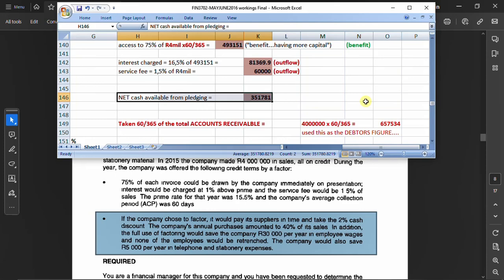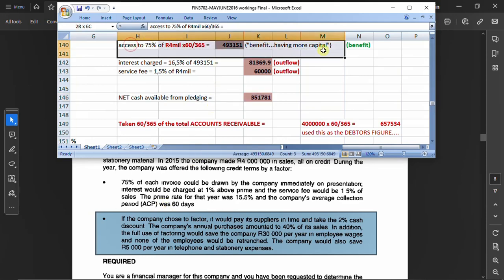All right, so a bank or any lender is never going to give you access to the full amount of your debtors in terms of what you're going to be collecting, because they need to also manage their risk. If they know you have made a certain amount of sales, and you're going to be collecting a certain amount of money each month or every 60 days, the collection period, that's the amount of money you're going to be receiving as a benefit for having all of these debtors.